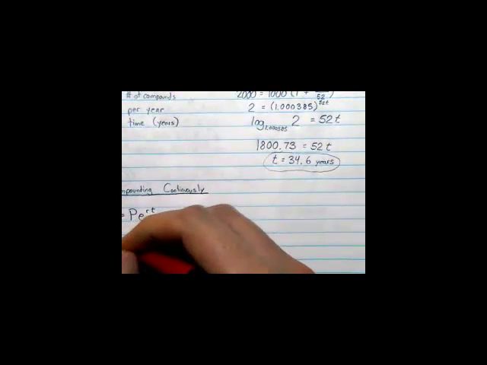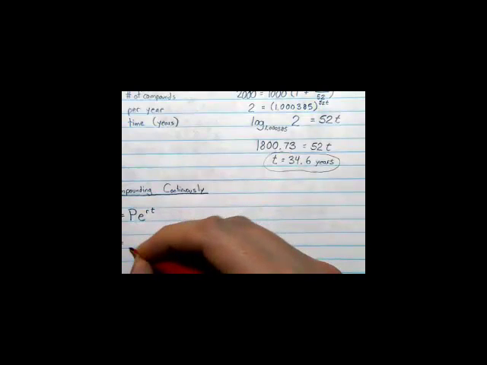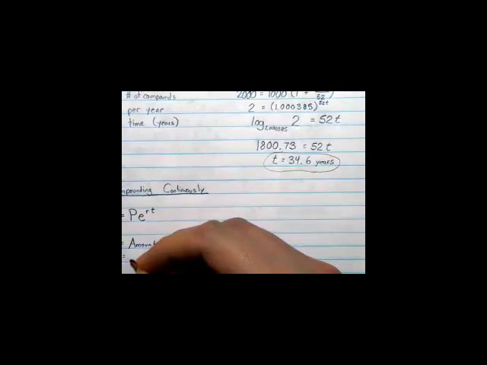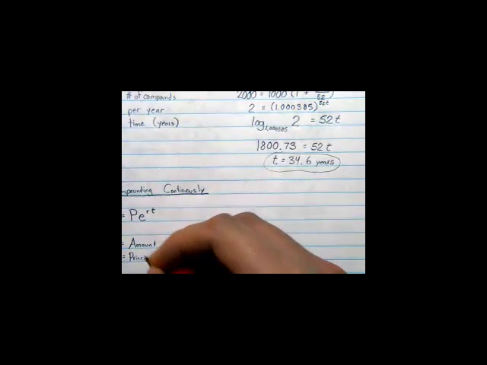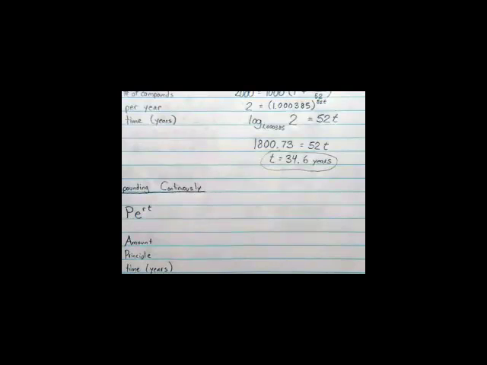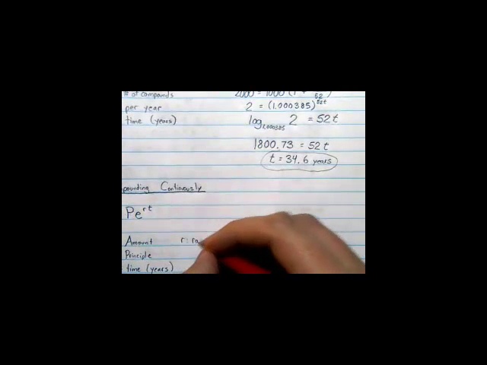But in any event, this one, though, it's kind of the same thing. A is the amount, P is the principal, T is the time in years, and R is the rate, sorry, missed that too.